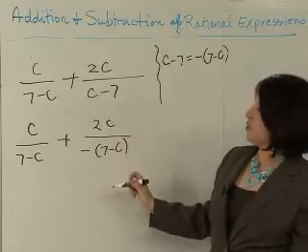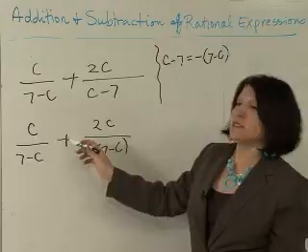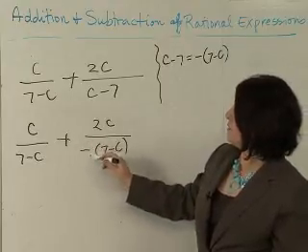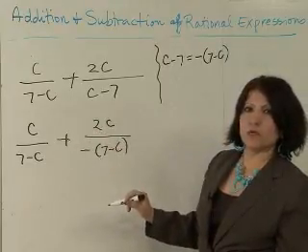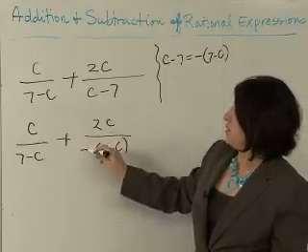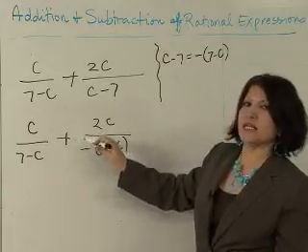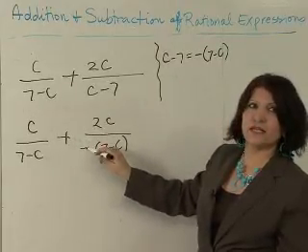Notice for any fraction, if you have a negative sign on top or the bottom, it applies for the whole fraction. So I can always take this negative sign and put it on top if I want to. And then this negative sign could apply for the whole fraction, but having a positive and a negative sign together is going to change it to a negative sign.